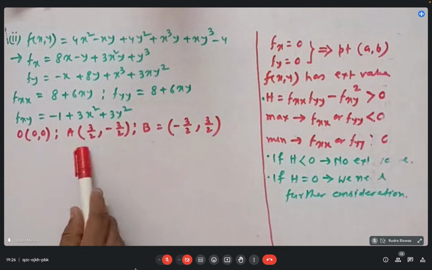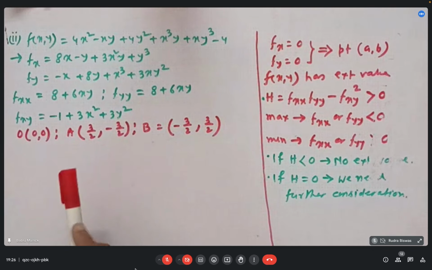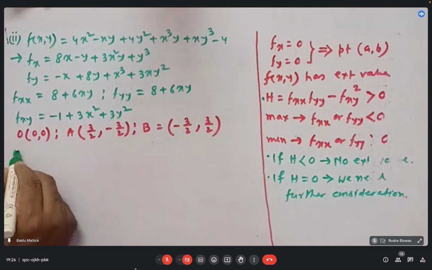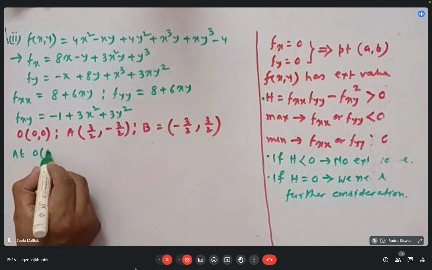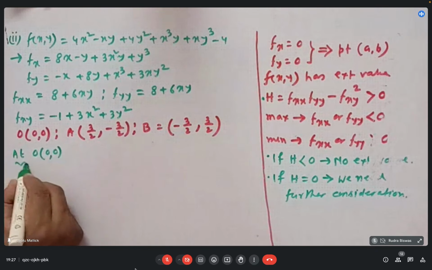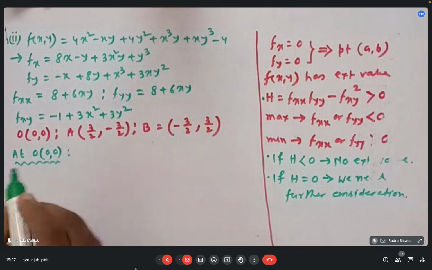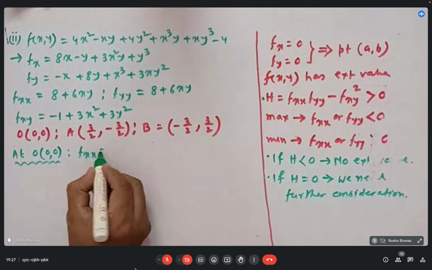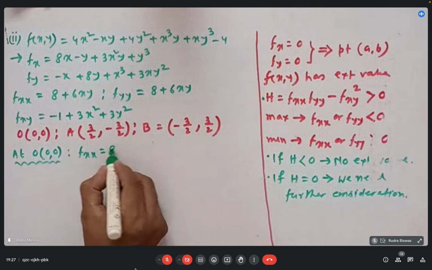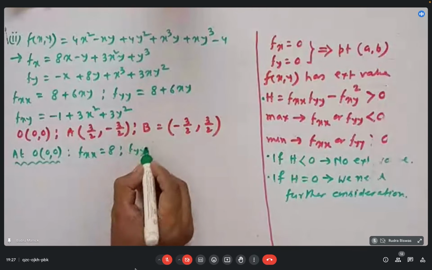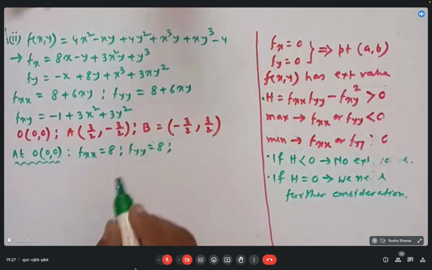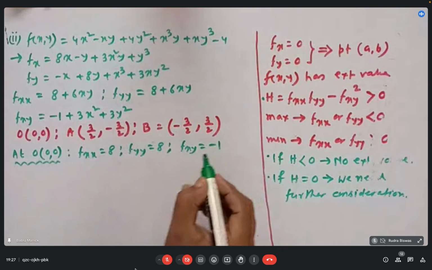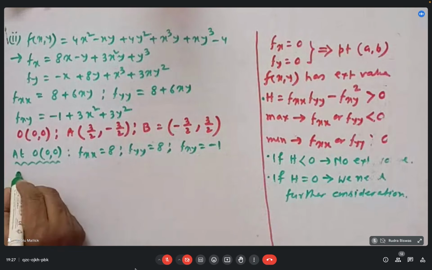Now at these 3 points you have to check. At 0 0 point what are you getting? fxx is equal to 8, fyy is equal to 8, fxy is equal to minus 1.